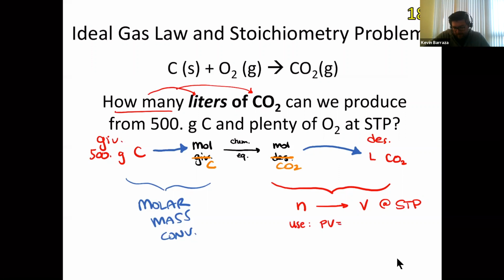Use PV equals nRT. So it's a callback to all of that, but that will tell me how to turn moles of a gas back to liters of a gas. And again, it becomes more obvious when we do this flow chart and just assess unit to desired unit. What do I do? And this is moles of a gas to liters of a gas. And that tells me, oh, I need to recall that information. It's PV equals nRT.